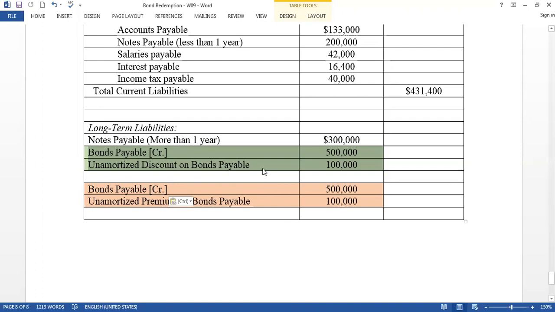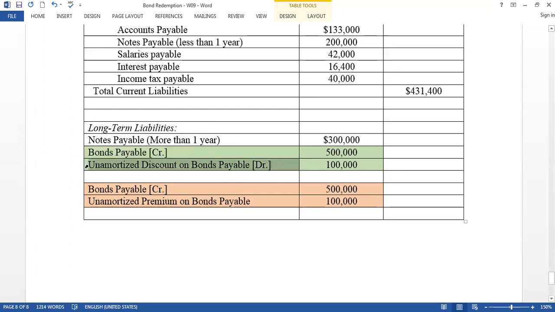So what is the normal balance of bond discount? Debit or credit? Debit, right? So the normal balance of unamortized bond discount is debit, and the normal balance of bonds payable is credit. So what is the relationship?